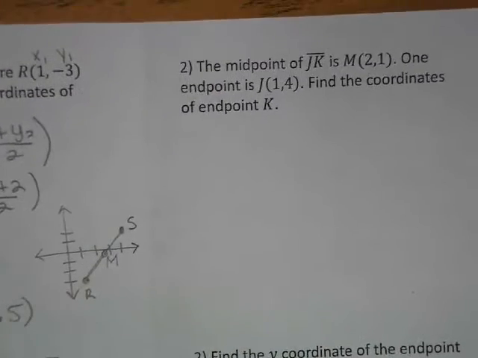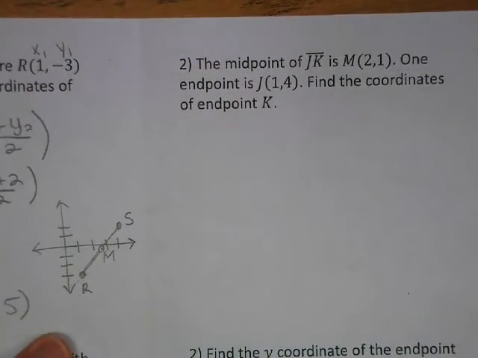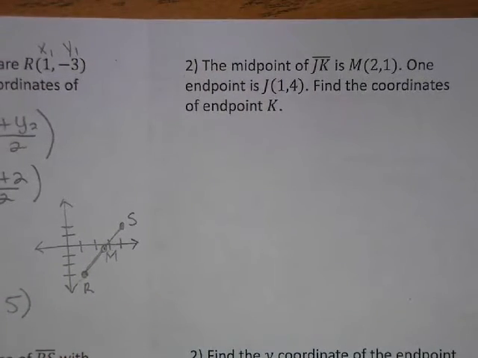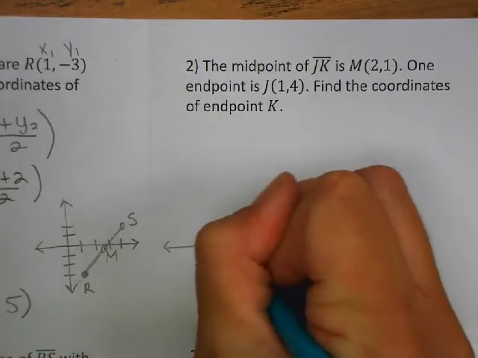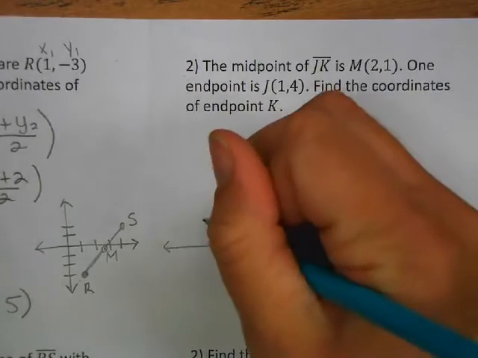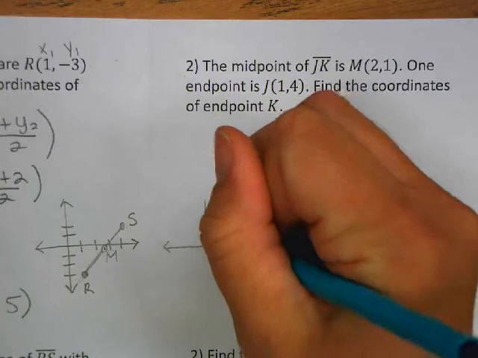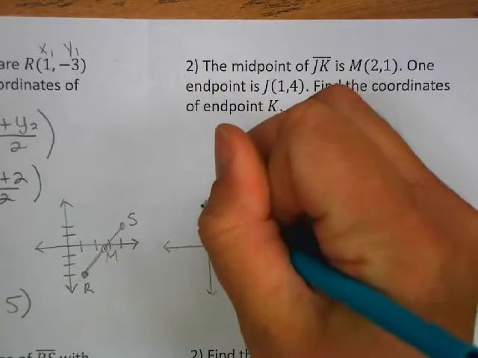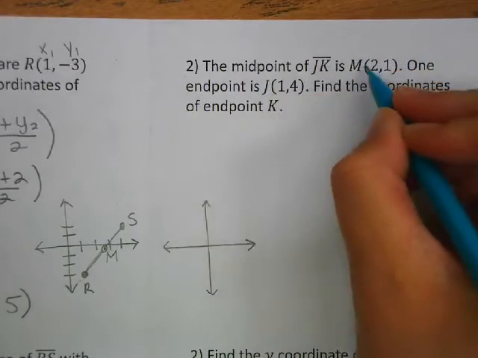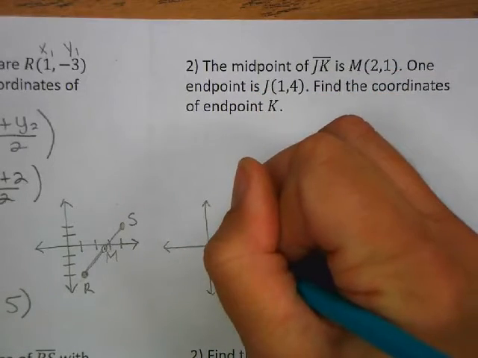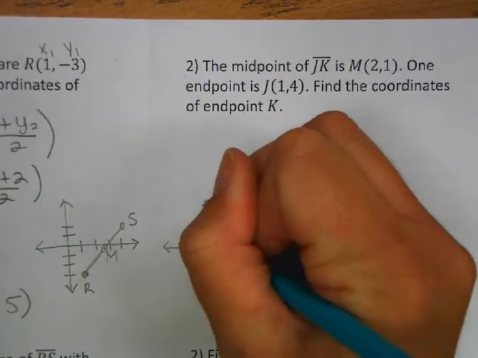So you can do the same thing for number 2 to kind of get an idea of what you're being asked to do here. So again, you can draw in your axes. So point M is the midpoint. So it says the midpoint is M. It's over 2, up 1.